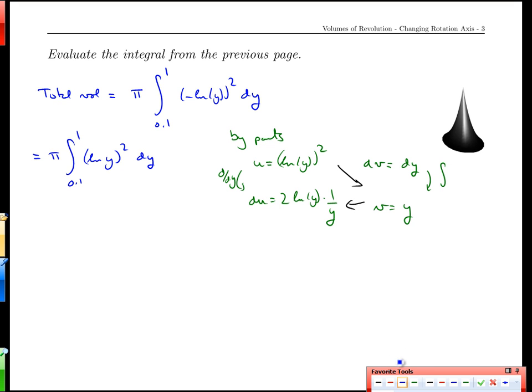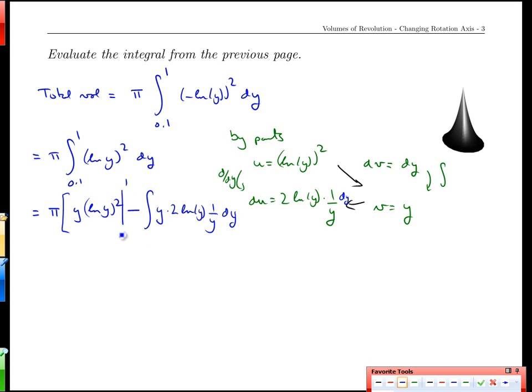The integration by parts formula says you take u times v minus the integral of v du. So we'll have pi times u times v, that's y ln of y all squared, minus the integral of y times 2 ln of y times 1 over y dy.